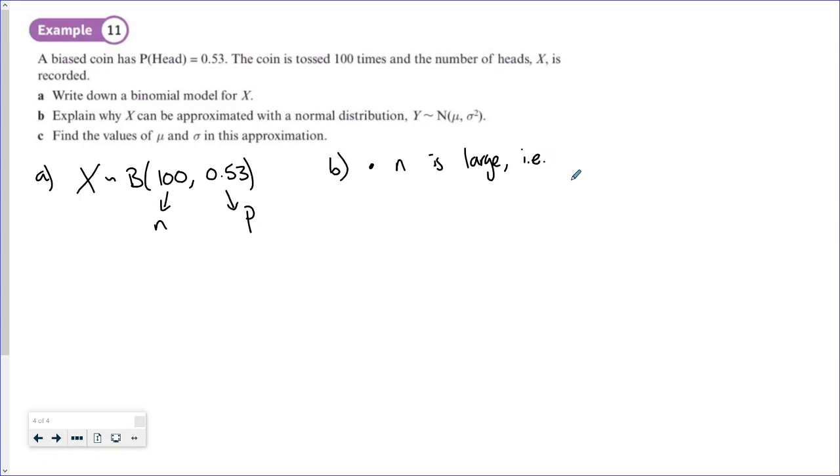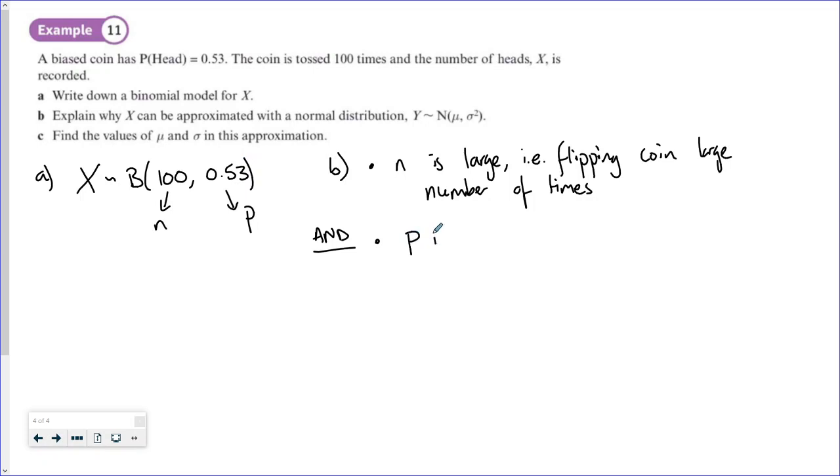So we could say that this is because we're flipping the coin a large number of times. And our second condition is that p, the probability of success, is close to 0.5. Sorry, 0.53 is close to 0.5.